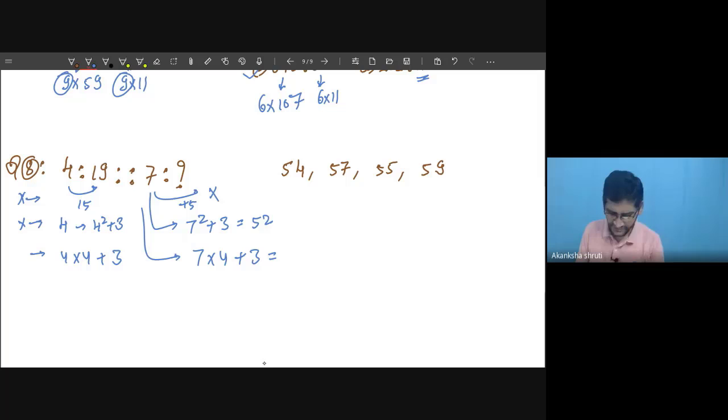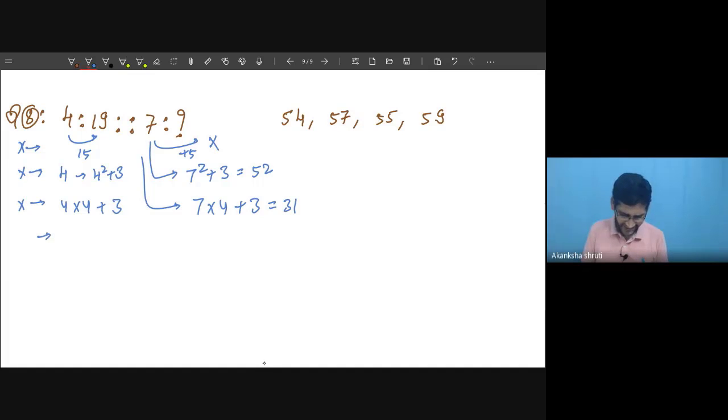Yes, tell me quickly. It is our 31. Are we getting it? We are not getting it, भाई, और बढ़ेंगे आगे। This was the addition. I may take it for the subtraction. This 4, if I am multiplying with 5, we are getting 20, reaching to 19 by subtracting 1.